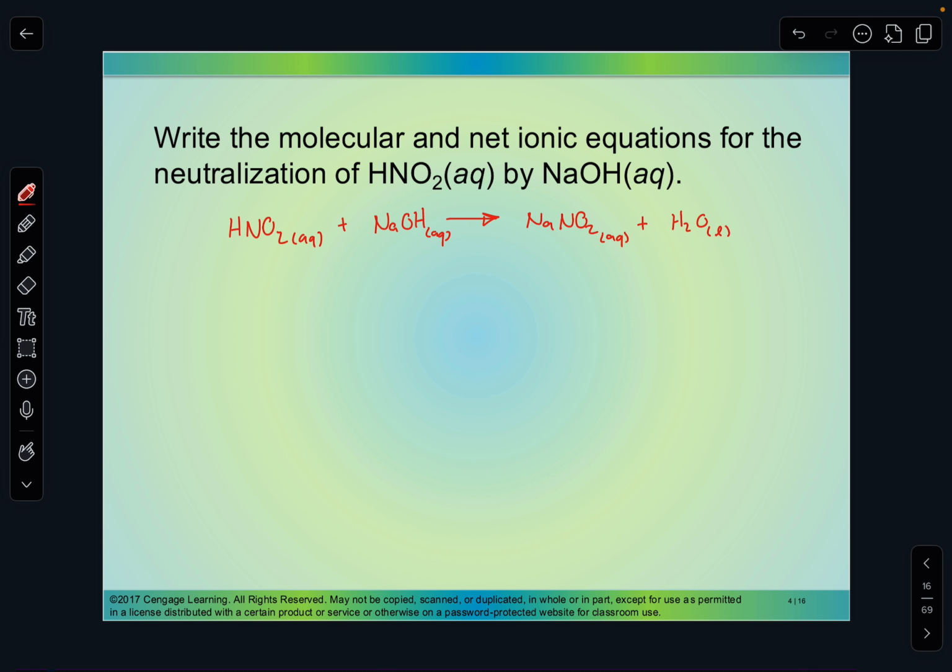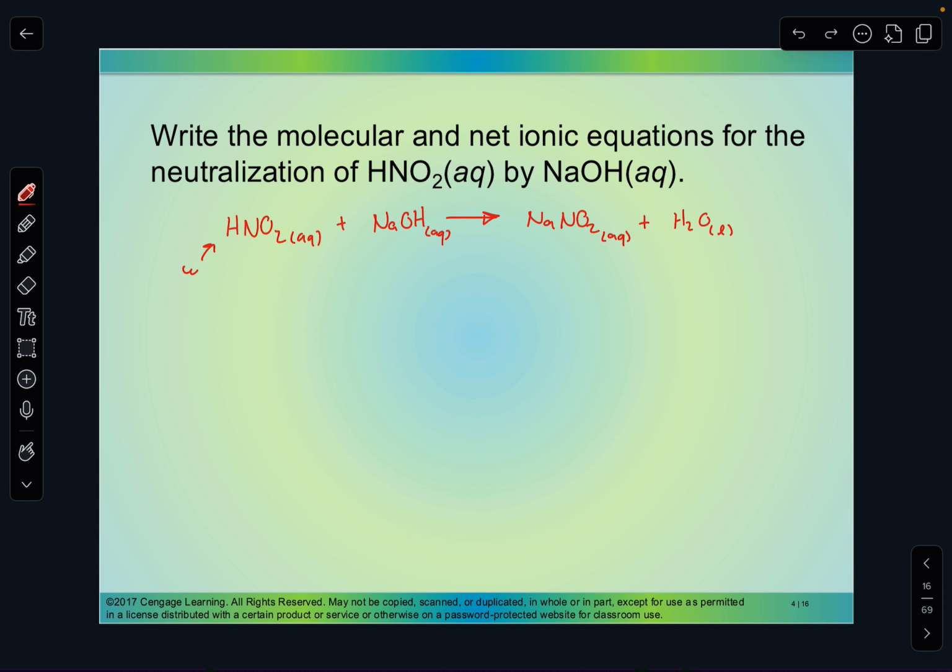And so HNO2 is a weak acid, and so I will say WA for that. It's not going to dissociate fully. And so when we write our ionic equation, we'll keep it the same, HNO2 (aq) plus Na plus OH minus. And we'll put aqs here as well.